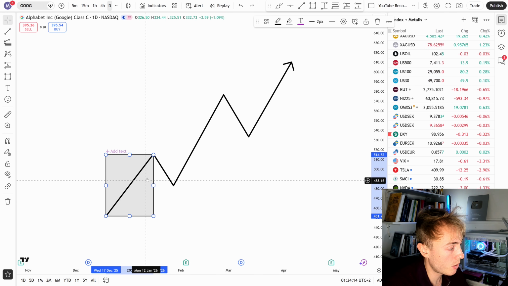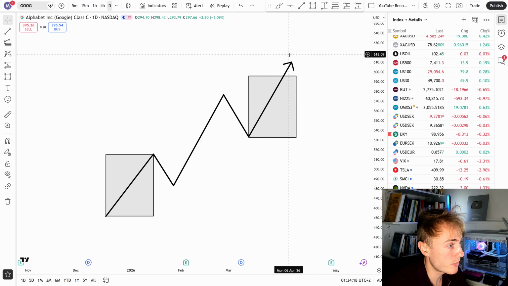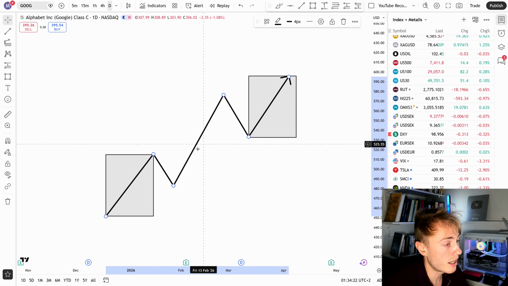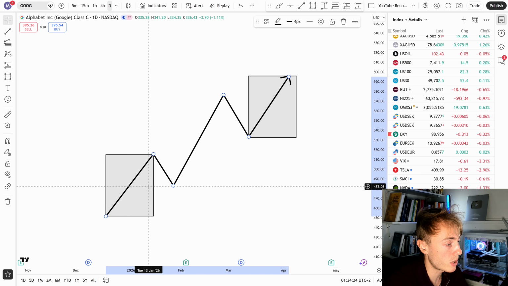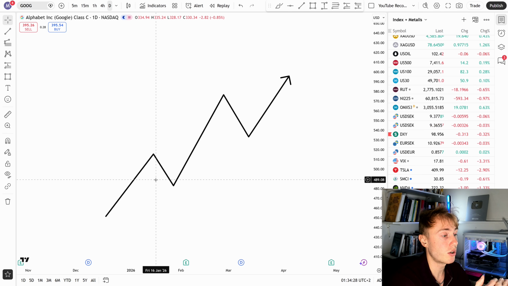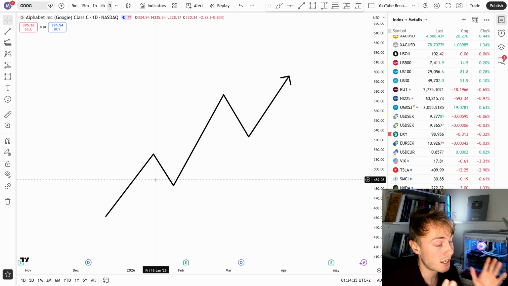So we measure how tall is wave 1, and then we take it here to wave 3, and we can say that wave 3 is usually the same length as wave 1. But remember here, this is when we measure on the vertical axis. We actually can measure on the horizontal axis as well.